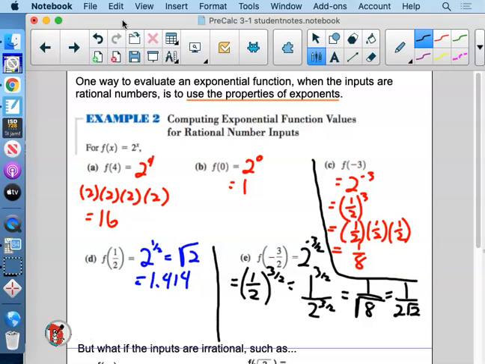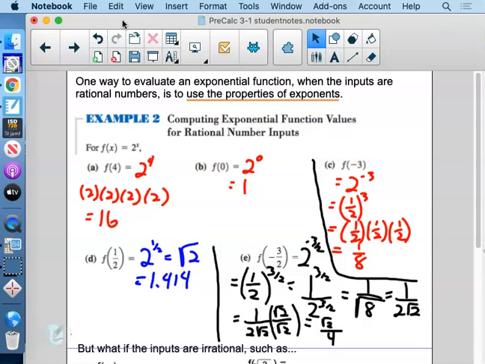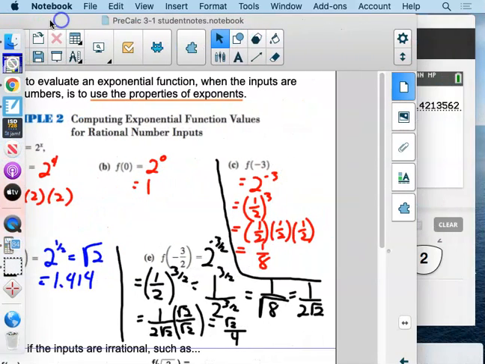But then we'd remember, oh yeah, we're not supposed to leave radicals in the denominator. So I'm going to have to multiply by the square root of 2 on the top and the bottom of this function, so that I can get the square root of 2 over, and then on the bottom I'll have square root of 2 times the square root of 2 is the square root of 4, so that'll be 2 times 2, which is 4. But if we were going to use this for something in the real world, we probably would have just stopped right here at 1 divided by the square root of 8 and punched it in.